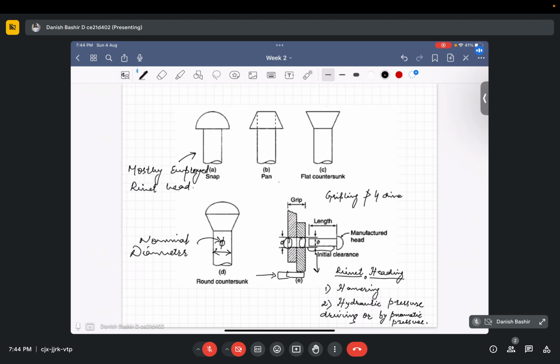Okay, the rivet may be placed in a cold state or may be heated to red hot state. That is important.